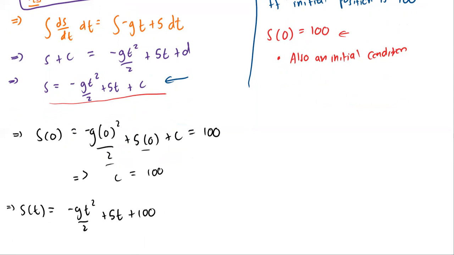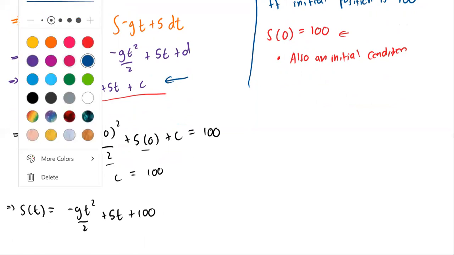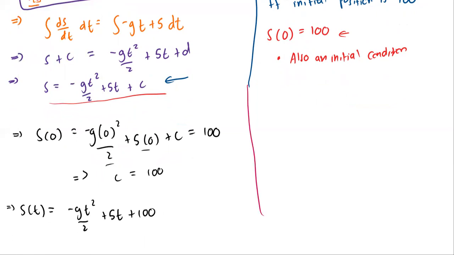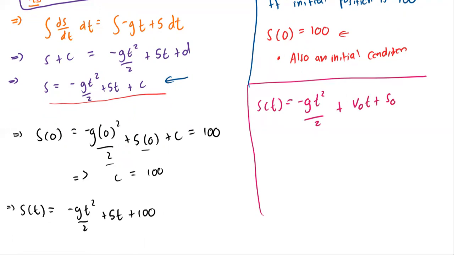Now, if you look at this, this probably looks familiar because if you've taken Calculus 1 or physics, you should see that this is precisely the function you see for modeling one-dimensional falling where there's no air resistance. And you usually see it written as v naught t plus s naught, where v naught is initial velocity, like we saw in this model, and then s naught is initial position.